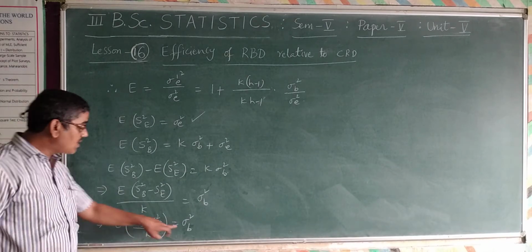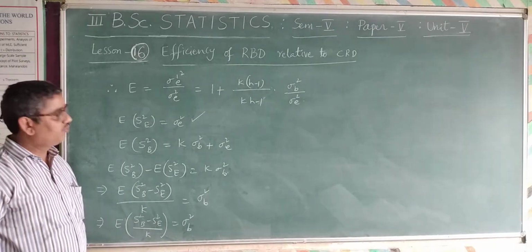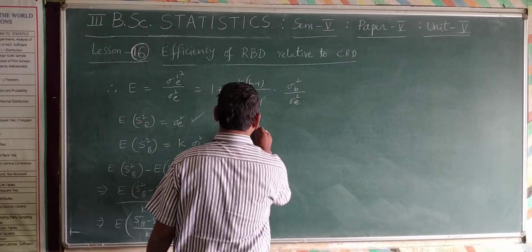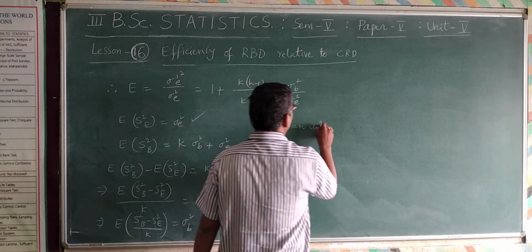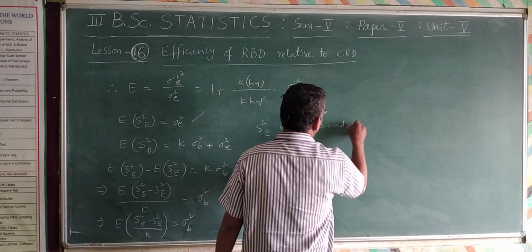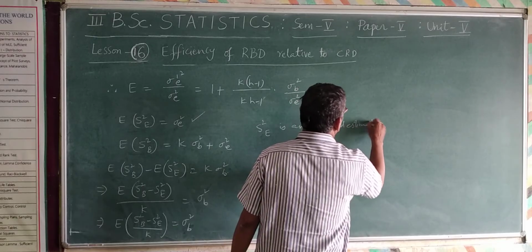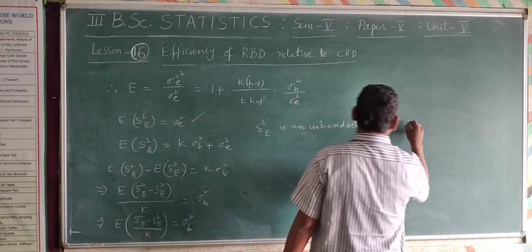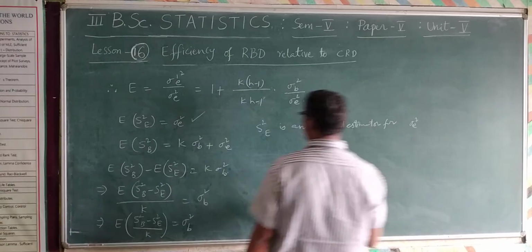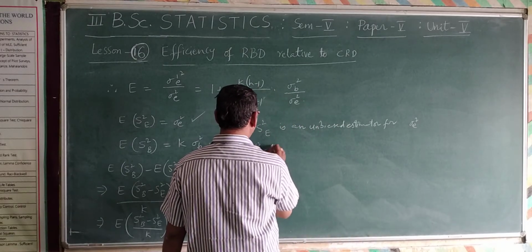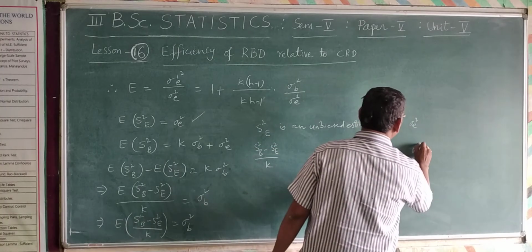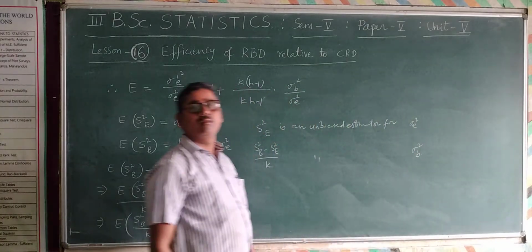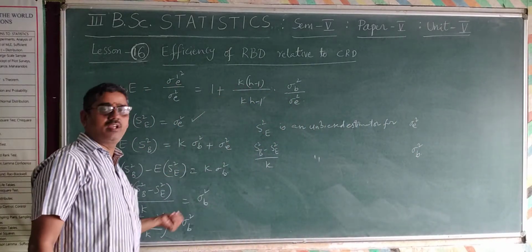So this is an unbiased estimate of sigma square B. Therefore, S square E is an unbiased estimator for sigma square E, and S square B minus S square E divided by K is an unbiased estimate for sigma square B. These are the results we have here.